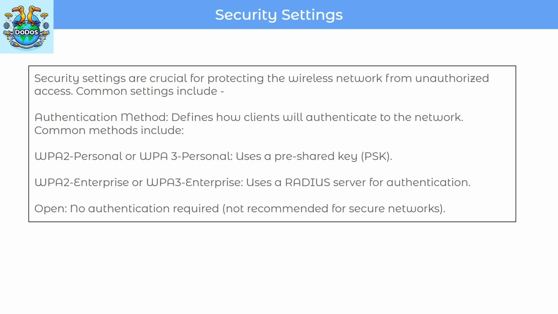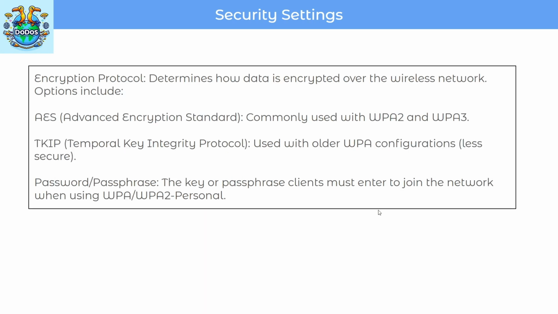Common methods are WPA2 personal or WPA3 personal, which use a pre-shared key, or WPA2 enterprise or WPA3 enterprise, which use a RADIUS server for authentication. And there's also open, which has no authentication and is not recommended for secure networks.